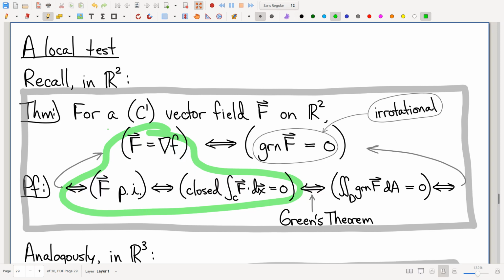Being a gradient, not hard to show that means your vector field is path independent. It's not too hard to believe or even argue that vice versa as well. And of course, it's easy to see that path independence is equivalent to a statement about closed line integrals being zero. All this stuff here we established way back.